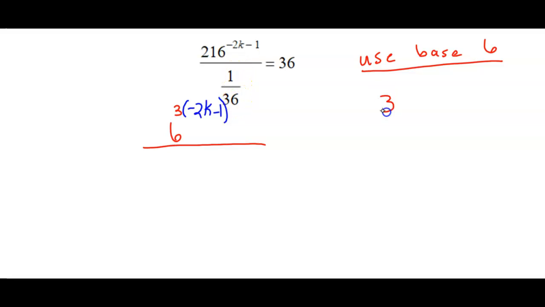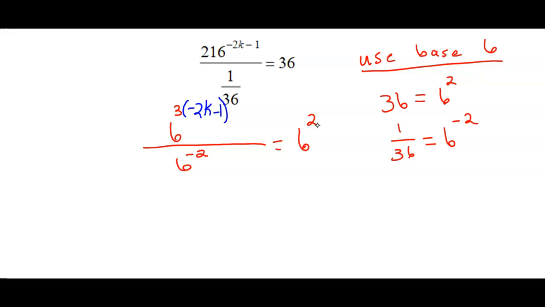Well, 36 is 6 to the second power, 1 over 36. Remember, when you have 1 over a number, this just means your exponent is going to end up being negative when you rewrite it. That's 6 to the negative 2. Okay, so for our denominator, we're going to change this 1 over 36 to 6 to the negative 2. And then for the other side, 36 is just 6 to the second.